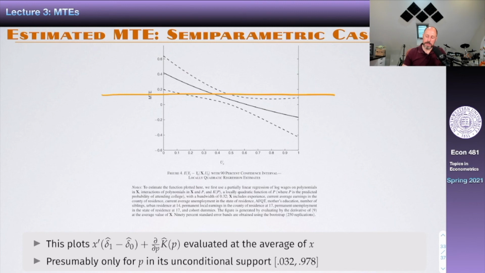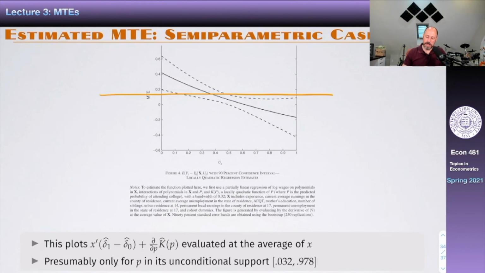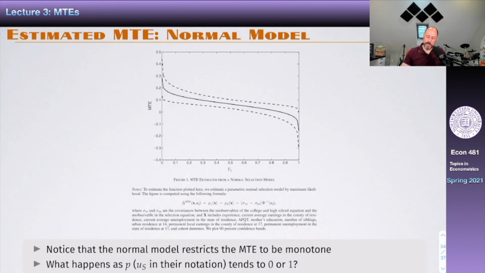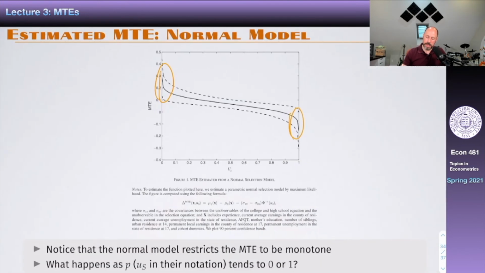So they did in the paper using the semi-parametric case. They usually did a normal model, where you just put some structure. And then you see how sometimes the parametric structure imposes monotonicity by itself, which is not imposed here, although it definitely looks monotone. But it may also introduce sometimes funny behaviors at the tails where you don't have a lot of data.